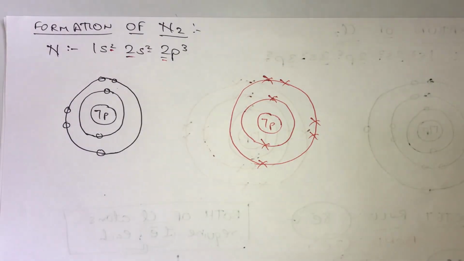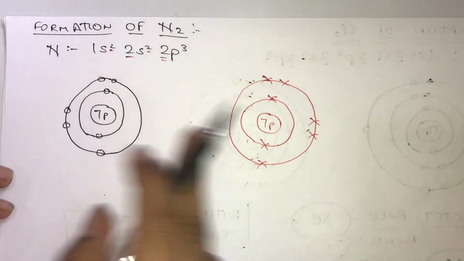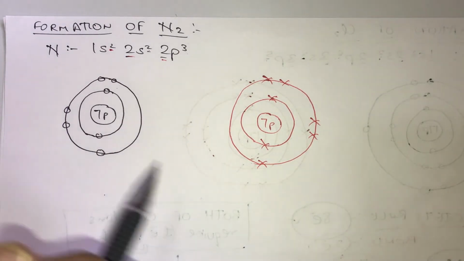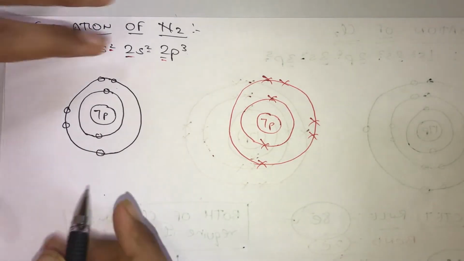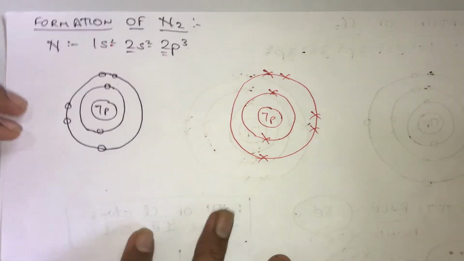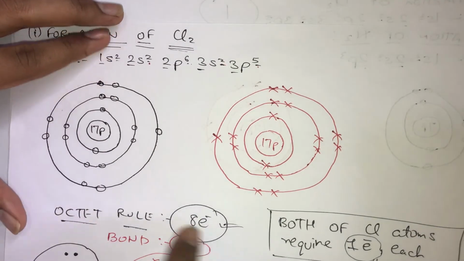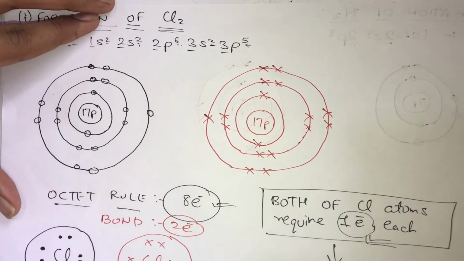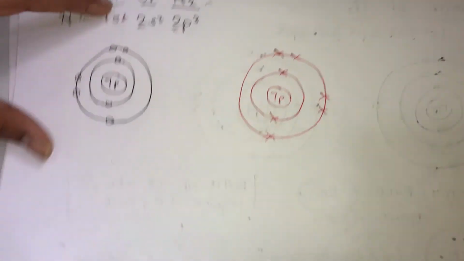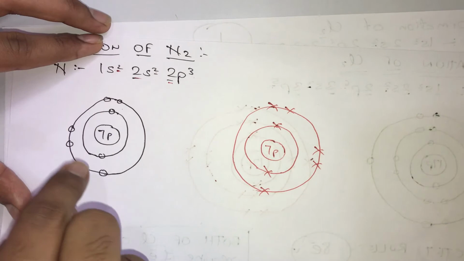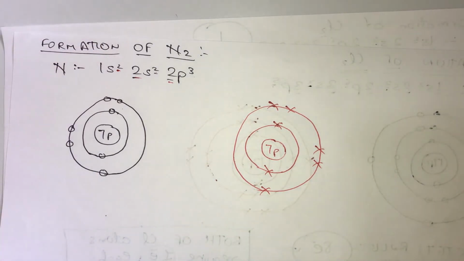Now again, if I ask you the same question, are both these atoms stable? Then the answer would obviously be no. Why? Because according to the octet rule, we require 8 electrons in the outermost energy level, whereas here there are only 5 electrons in the outermost energy level.